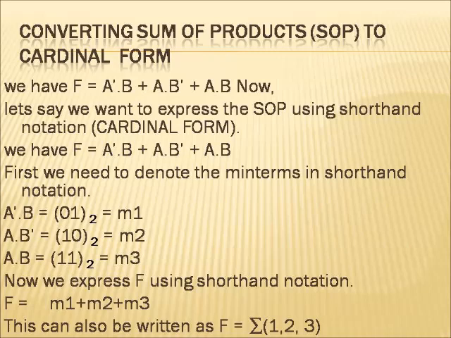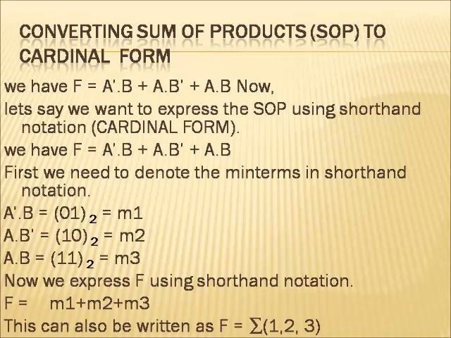So a bar dot b means a bar is 0 and b is 1 in min term, so 0, 1 in binary is equal to 1 in decimal. Now consider the second term, a dot b bar. a is 1 and b bar is 0, so it is 1, 0 in binary, which is equal to 2 in decimal, right?